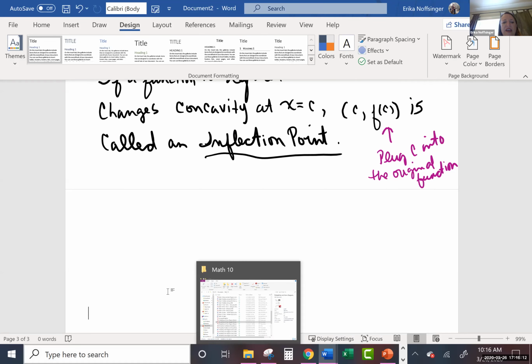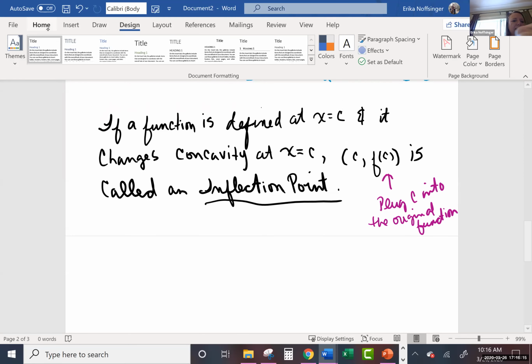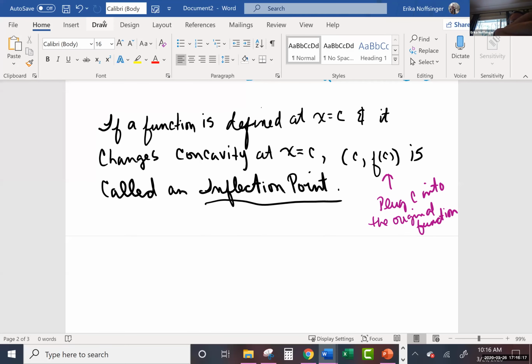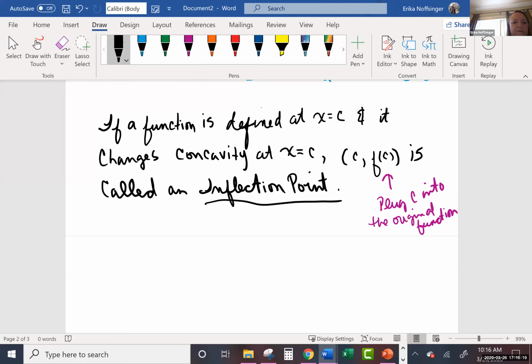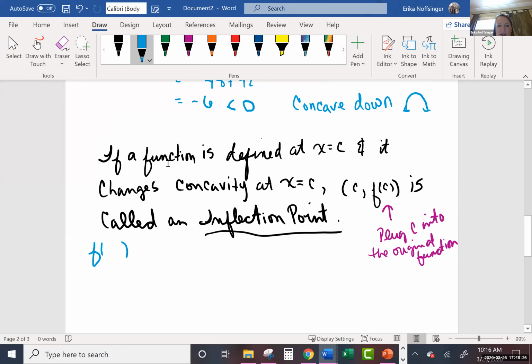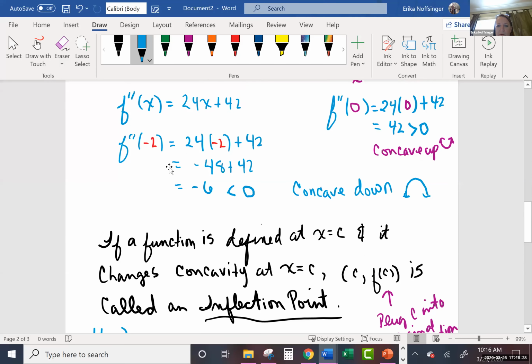So in our case, if I'm going to plug that back in to my original function, I'm not going to put it in that form I written it. I'm not going to leave it as -1 3/4.